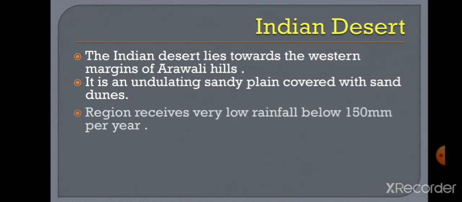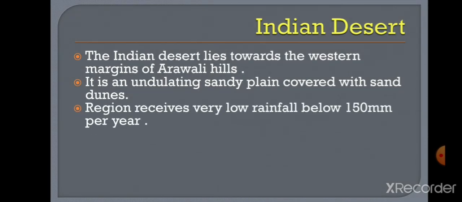Okay, now the third point is that this region of India receives very low rainfall, below 150 millimeters per year, because the parallel ranges of the Aravali create orographic rain. I have told you about this earlier, and that is why this area doesn't have that much rainfall.